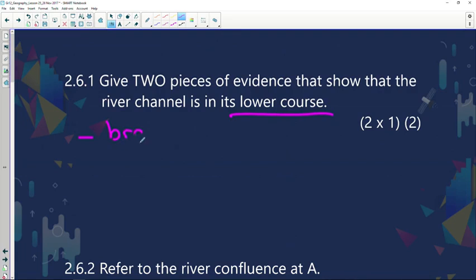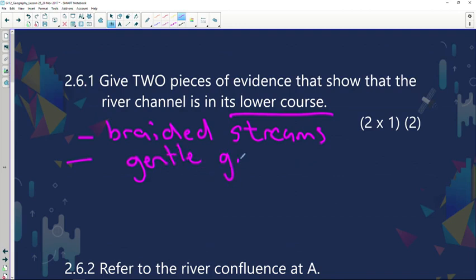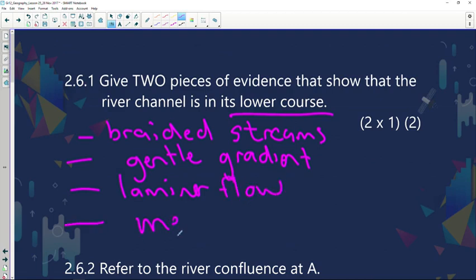Because this braided stream, it's a gentle gradient. We can say there's no turbulent flow, it's only laminar flow. And we also mentioned that the river is meandering, taking place. And we can see the floodplain.